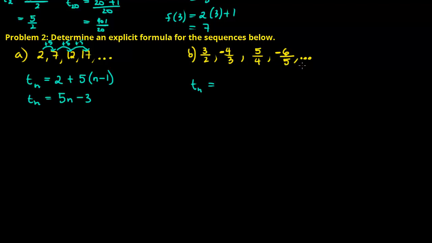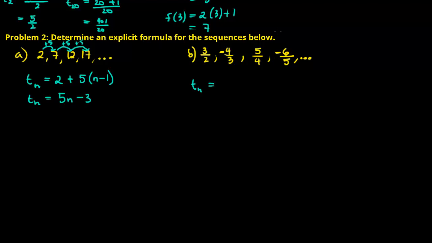Okay, so let's think about what's happening here. So it seems like the term number, or the denominator, is increasing by 1 each time. And then the numerator is increasing by 1 each time as well. The magnitude, that is. But it's flipping signs.